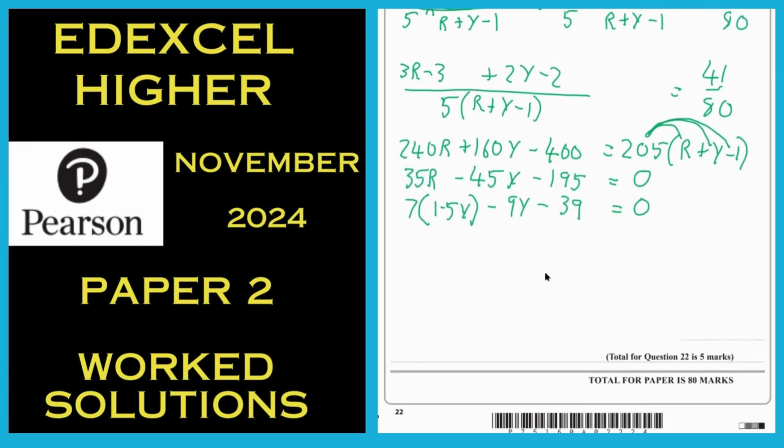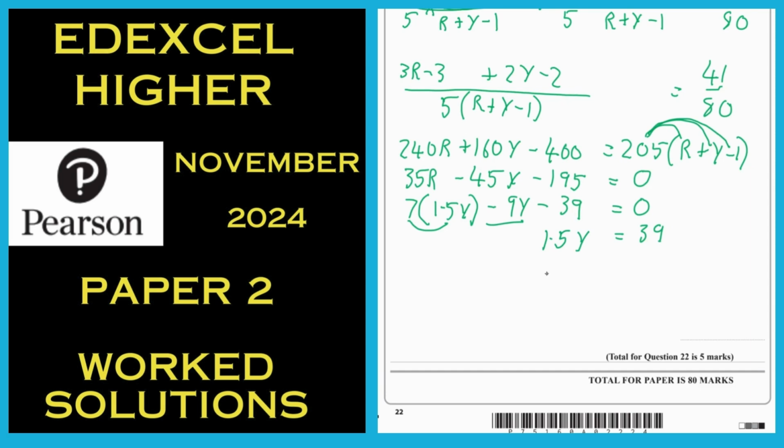This means we can now solve. Adding 39 to both sides gets that out of the way. Grab your calc. 7 lots of 1.5 is 10.5, but then minus 9 means we've got 1.5y.